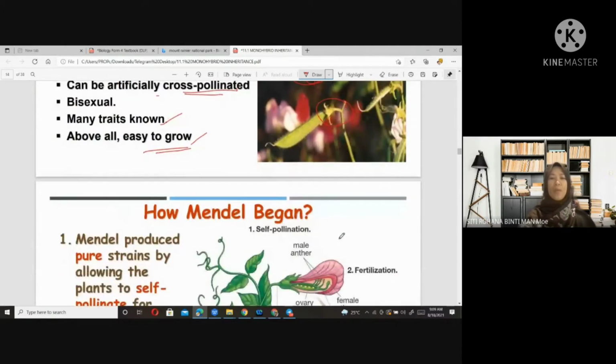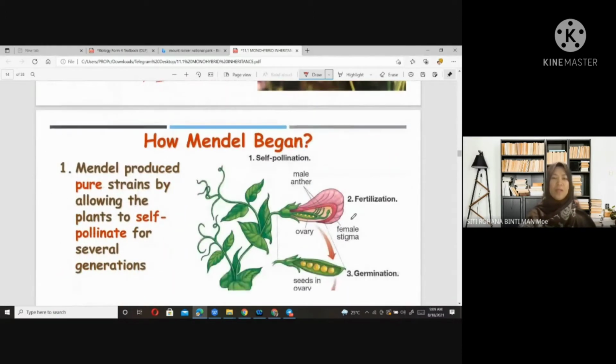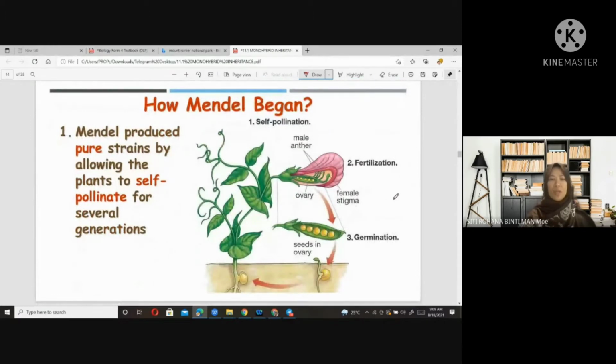So how Mendel began? Bila dia start? Tengok ni. Okay, Mendel produced pure strain by allowing plants to self-pollinate for several generations. So dia biarkan sahaja pollination ni berlaku secara sendiri. Okay, nampak self-pollination. Okay, so fertilization occur. Self-pollination saya rasa awak tahu.